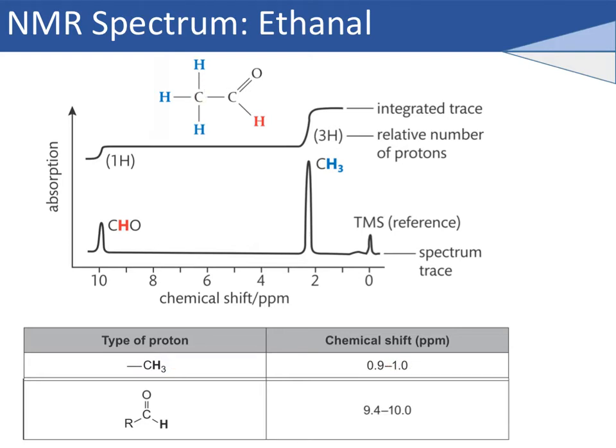This is a little bit higher than that at around 2.2 or 2.3. But the key here is this is worth 3 hydrogens in terms of the integrated trace, and it's clearly not the same as this aldehyde hydrogen way up here. So this was the low resolution NMR. We get 1 peak for this hydrogen, and we get 1 peak for these 3 hydrogens, all the same.